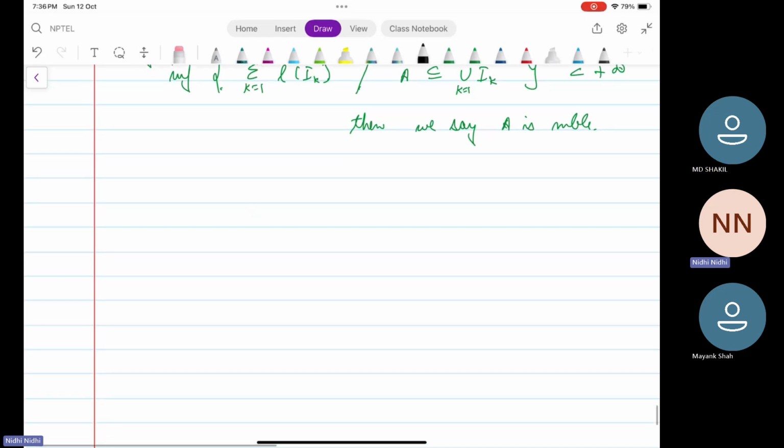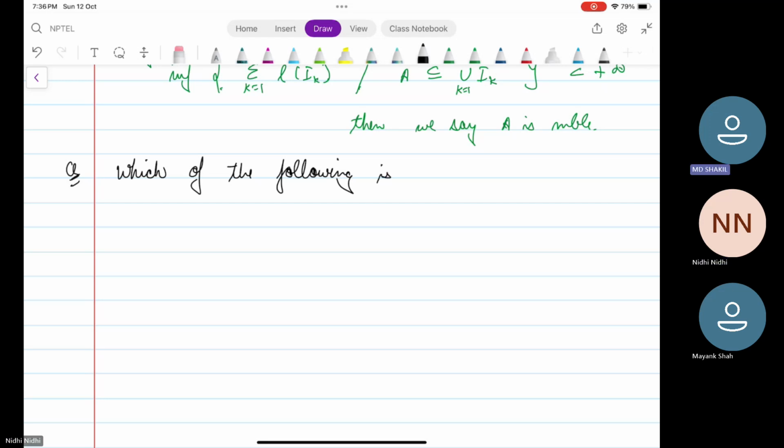Next we have: which of the following is true about functions in L1 and L2? So Lebesgue integrable and square integrable.